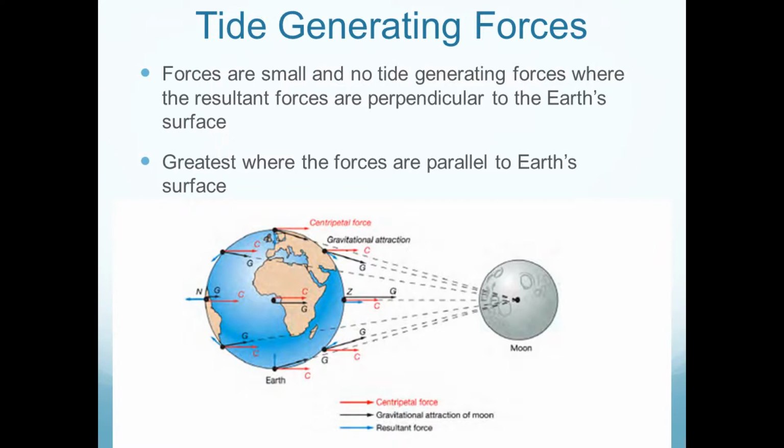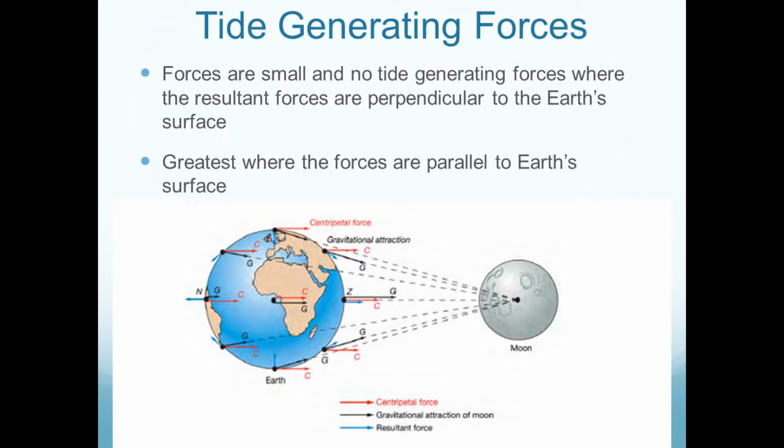The red arrow is your centripetal force. That is equal around the Earth no matter what. It is pointing towards the Earth, and there's no difference no matter where you are. It's always going to be the same amount of centripetal force on the particles.